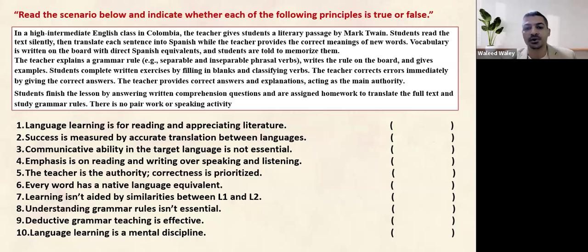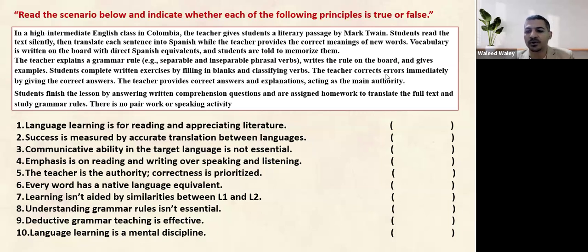It means that he wrote the grammatical rule on the board and asked the students just to understand and memorize it. He writes the rule on the board and gives examples, and then students complete written exercises by filling in blanks and classifying verbs. The grammatical rule was separable and inseparable phrasal verbs.